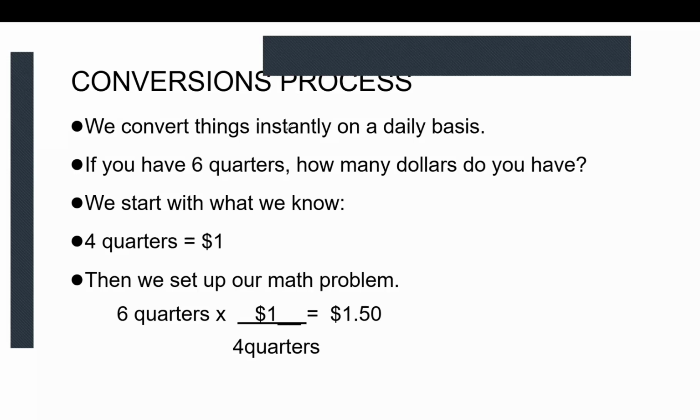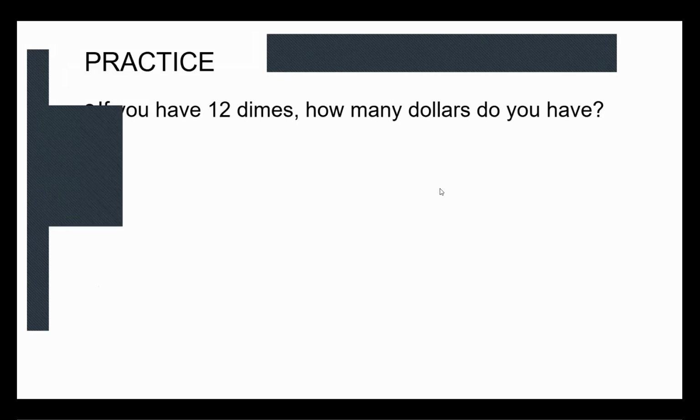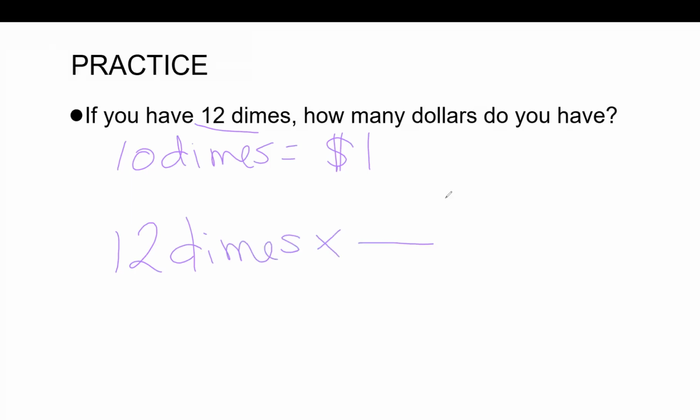Let's do another practice one. If we have 12 dimes, how many dollars do you have? Hey, let's think. We know that 10 dimes equals $1. We're starting with 12 dimes. Always start with what you know, which is 12 dimes. I know I can go from dimes to dollars. There's a direct conversion there.